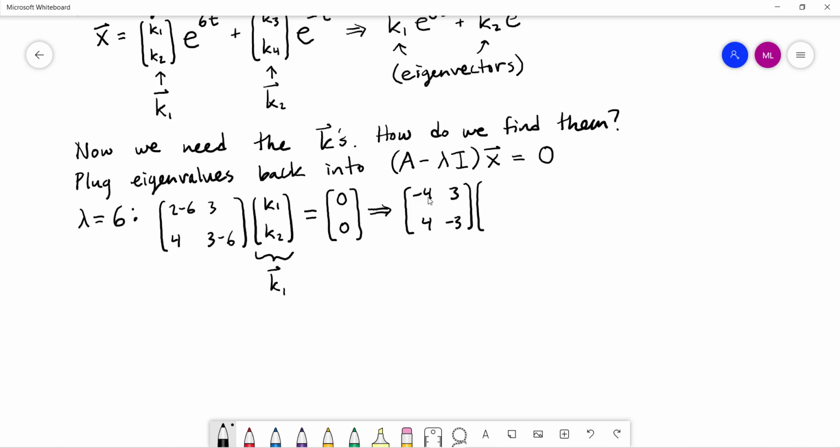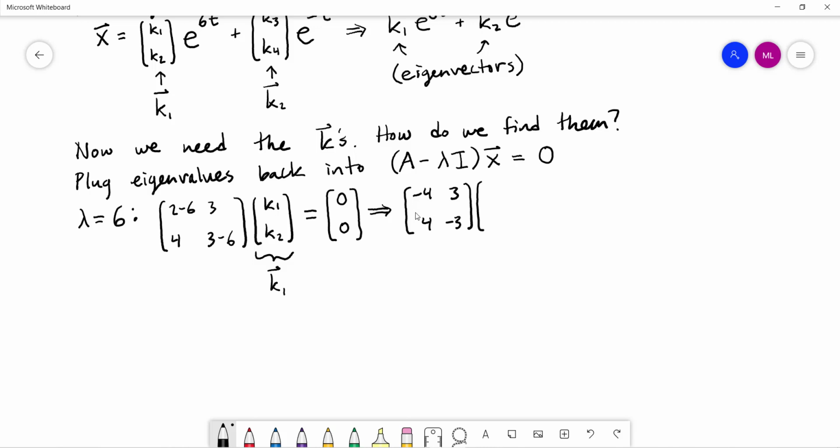It's singular because either the two rows are multiples of one another, or the two columns are multiples of one another. Right? I can multiply this one by negative 3/4, and I would get this one. And that's what makes it singular, right? Basically the vectors that we smush together to make this matrix are proportional to one another. They are not linearly independent, and therefore our determinant was 0.